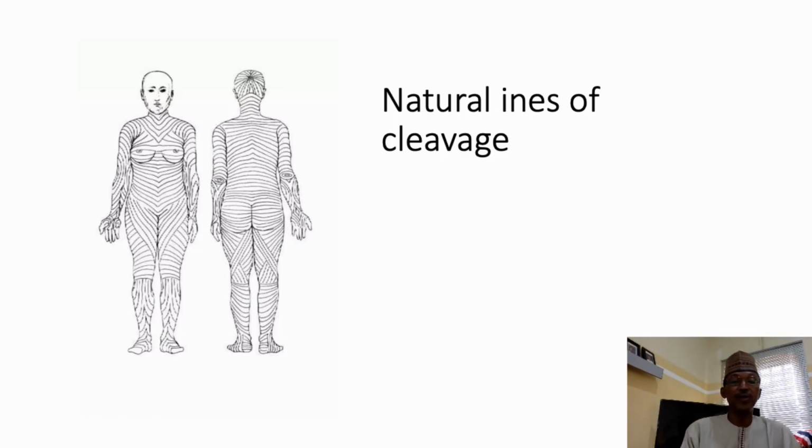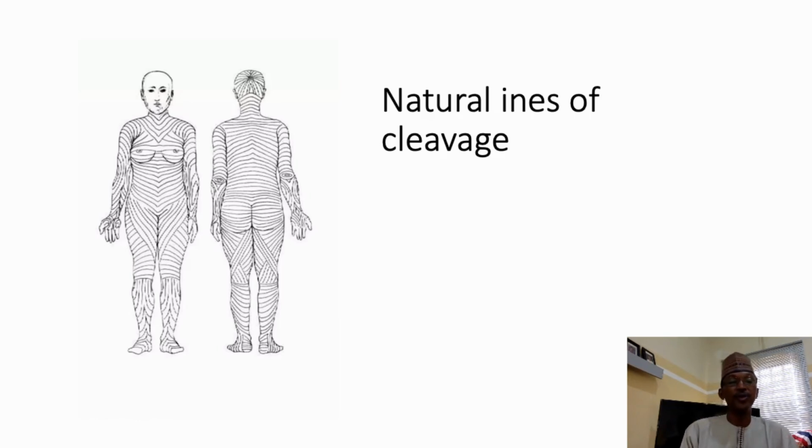If a surgeon wants to make a cut across the abdomen, he or she has to follow these natural lines of cleavage for that person to have a cosmetic kind of scar after healing.